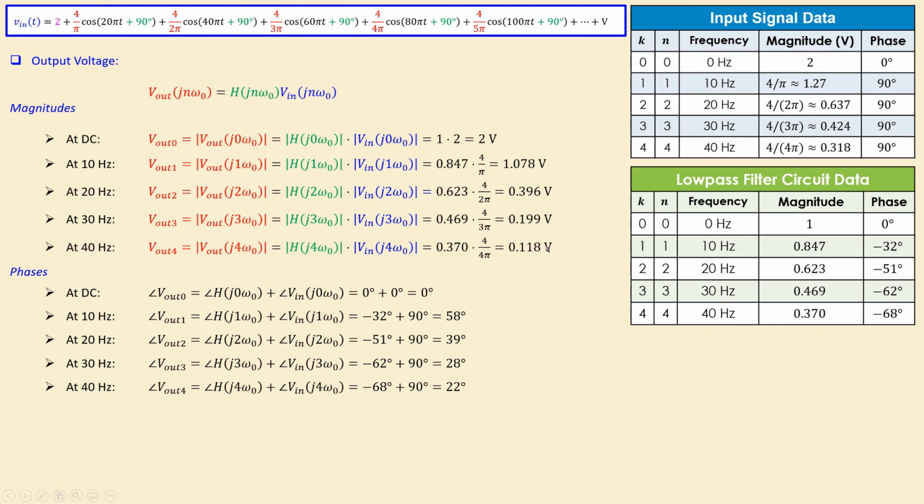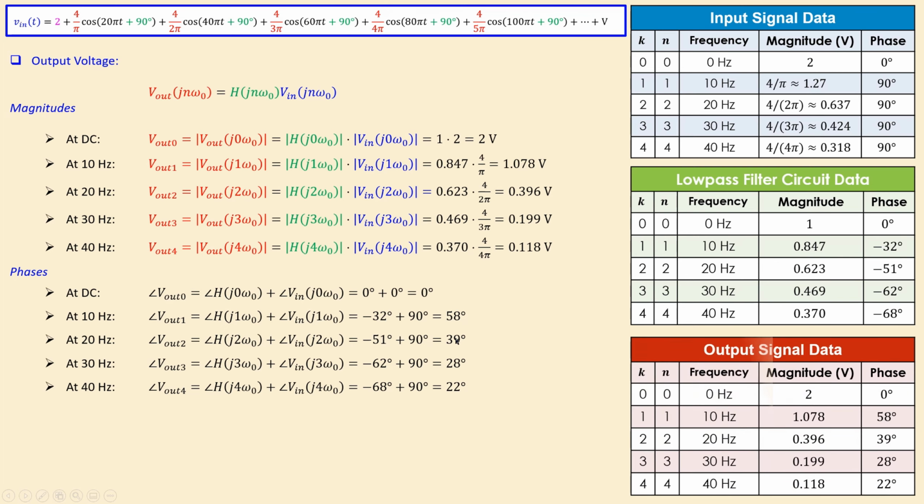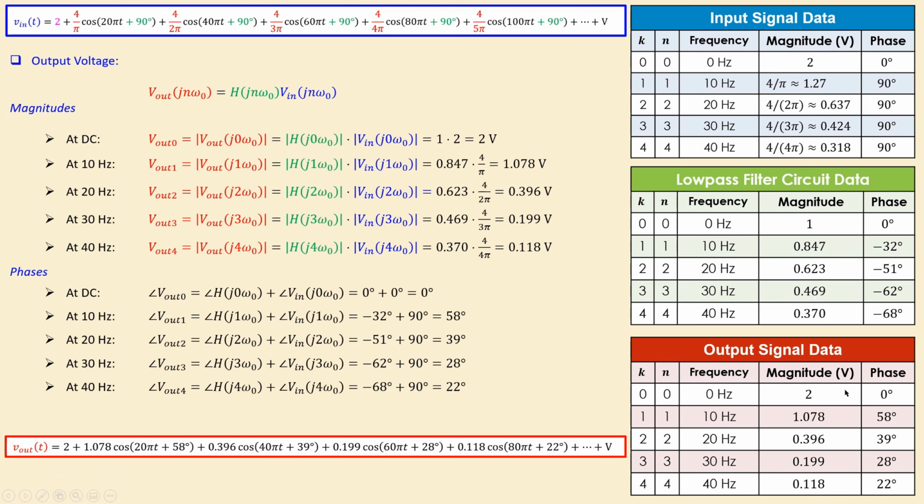So I have the amplitudes and the phases, so I can now generate a table for my output signal data. Again, n is equal to 0, 1, 2, 3, 4, so the DC term and also the first 4 harmonics, the frequencies, the magnitude given here, we have just calculated that, and the phases, we have calculated here. So I have now collected them here in this form. We can now generate the time response from there.